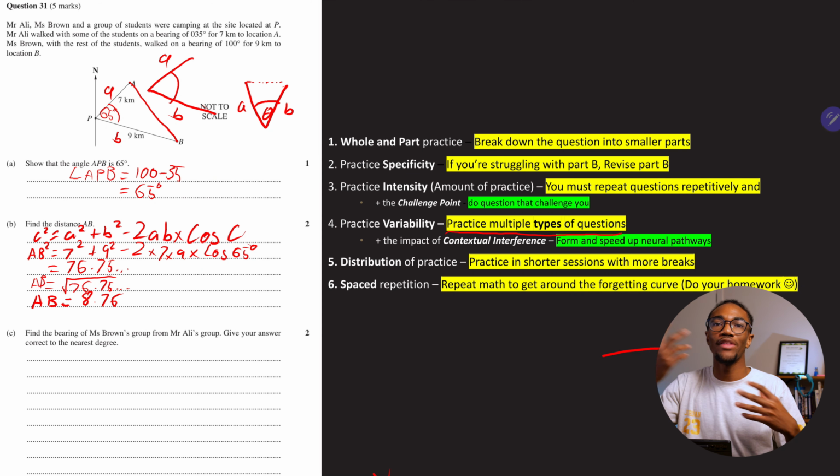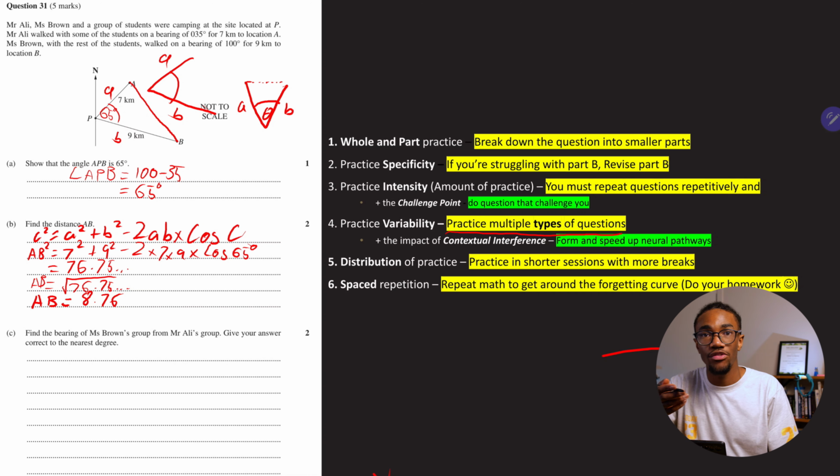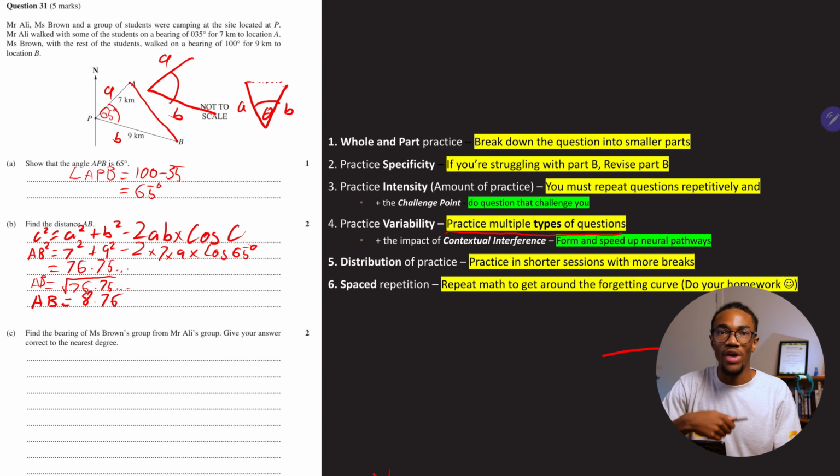And again, we go in depth with these in modules 3 and 4. Just to recap, we broke the question down into its topic, which was cosine rule. We went and revised cosine rule, and we teach you how to revise that in later modules as well. Don't worry. And then practice intensity.